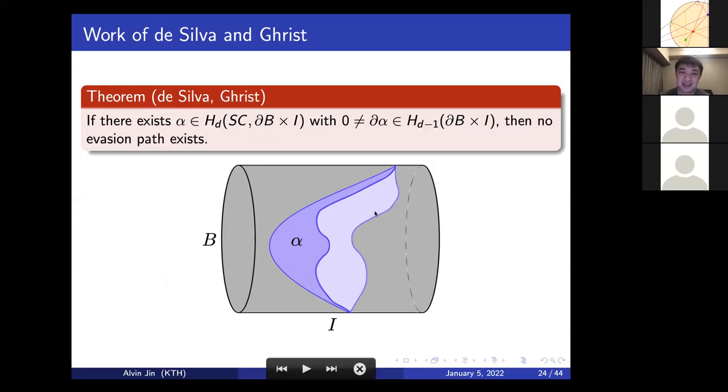They just said that if there's a hole, if there's this kind of sheet here, this alpha, this purple sheet, such that it separates the cylinder into two halves, so that's what this theorem really means, then there's no evasion path. Namely, if you start from the left-hand side, you can't get to the right-hand side without passing through this purple sheet. Yeah, so that wasn't so interesting.